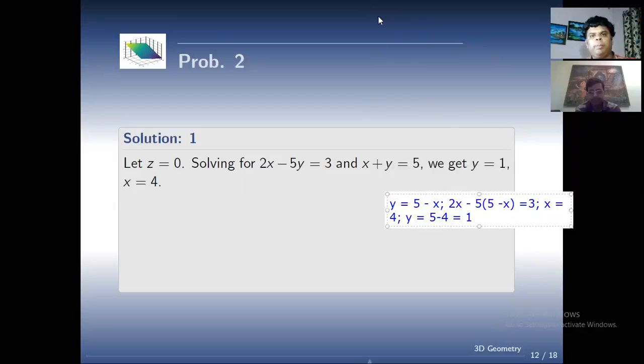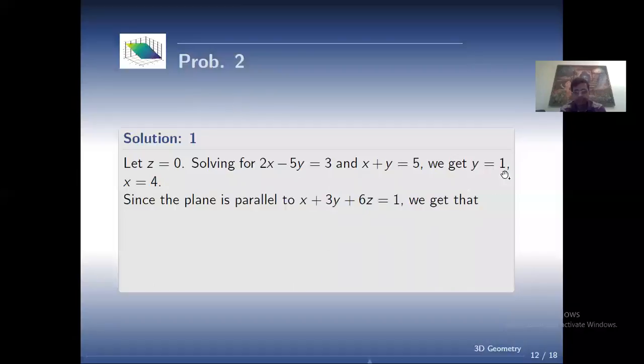Now, what do I do? I look at the point x equal to 4, y equals 1, and z equal to 0, and this point. The plane is also parallel to x plus 3y plus 6z equals 1.